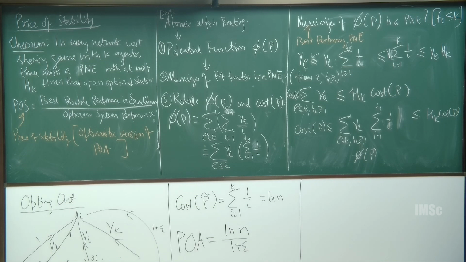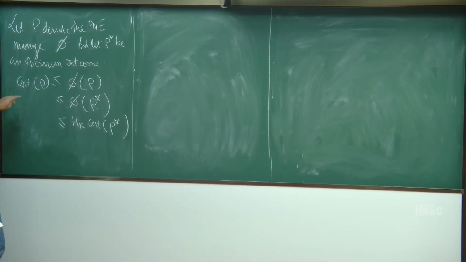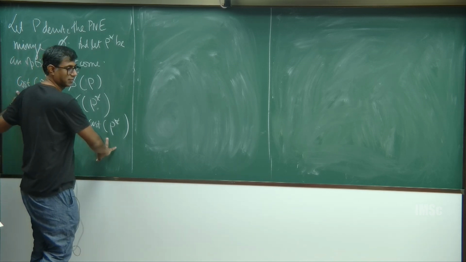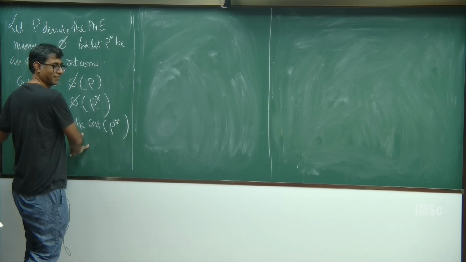Phi of P star is at most H k times cost of P star. Are we done? Cost of P by cost of P star is at most H k, right.